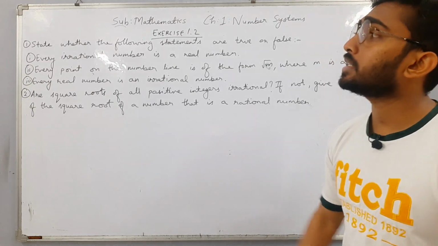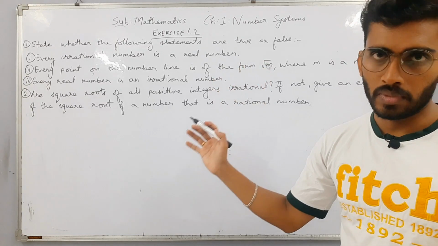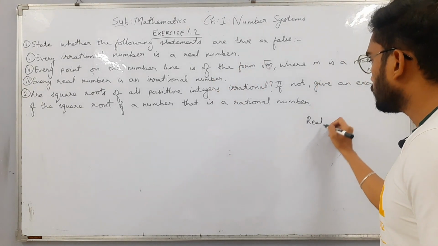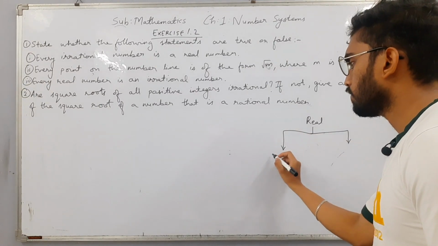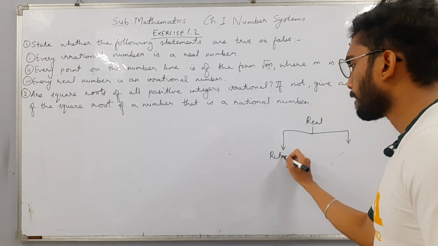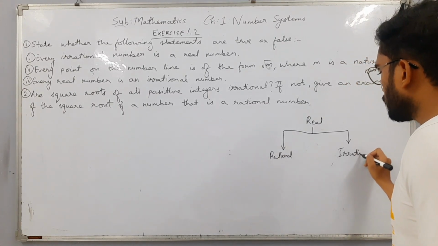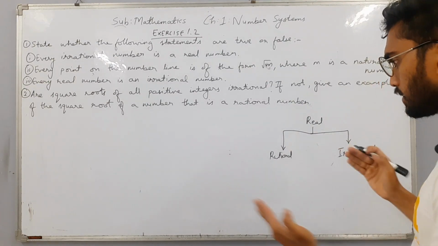The first question is: every irrational number is a real number. We saw that the set of real numbers is a combination of rational and irrational numbers.